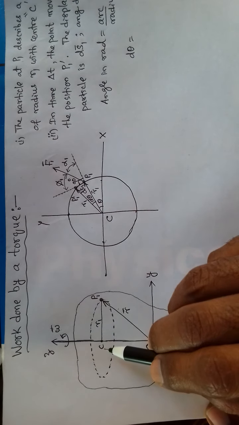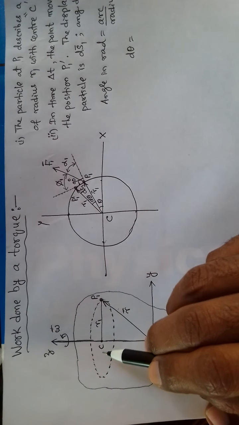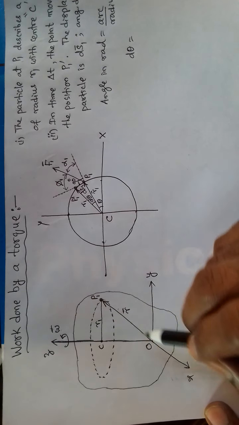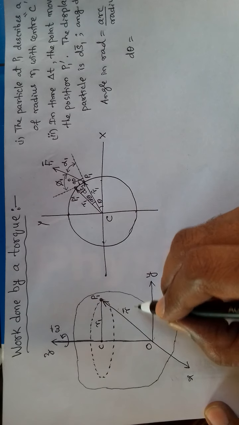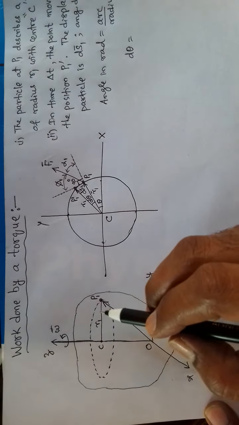Say the radius of the circle is R1, center of the circle is C, and the particle's position vector is given by R.